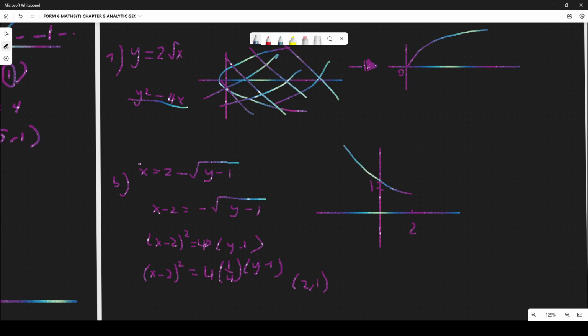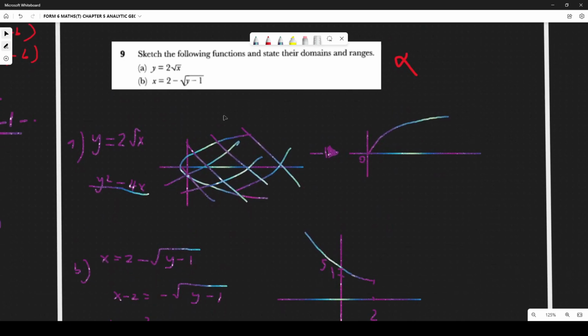So x equals 0, that's 2 squared equals 4. Sorry, there's no 4 there, it's only 1, so 5 minus 1. So this is going to give you y equals 5. So this value is going to be 5. So there are these two pieces of information for this sketch. Okay, so that's question 9.